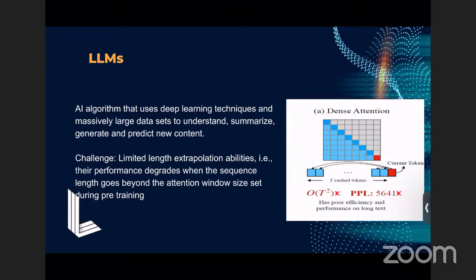That is, their performance degrades when the sequence length goes beyond a predetermined length. For example, if the model has been pre-trained on 4,000 tokens, anything that goes beyond it reduces the efficiency of the language model.